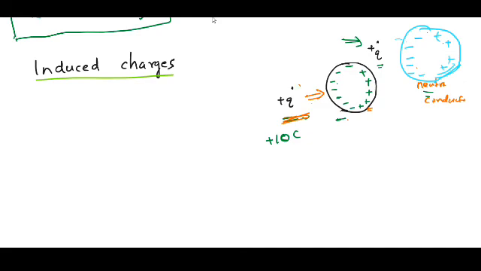Fine, that means this plus Q charge and this conductor will be attracted because the opposite charges are nearer. This is the story of the induced charges. Okay, let me write all these factors here.